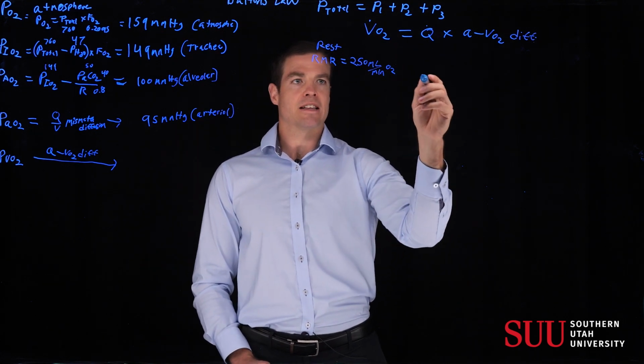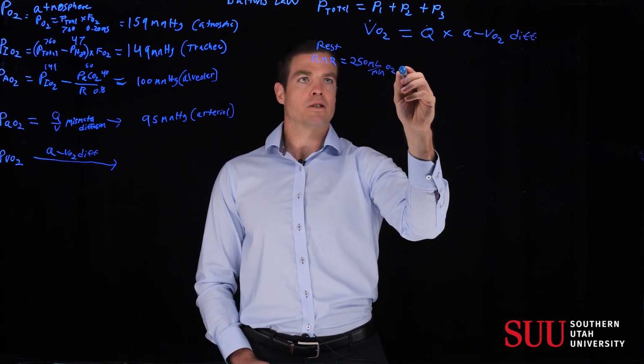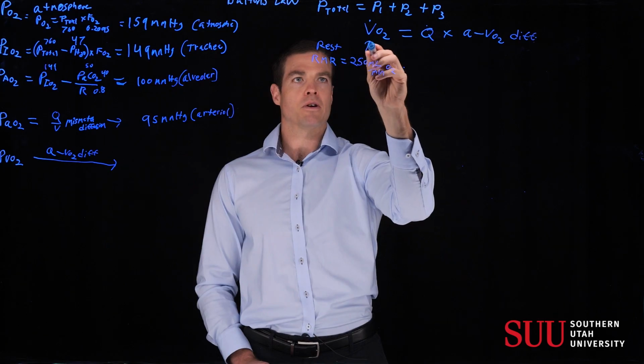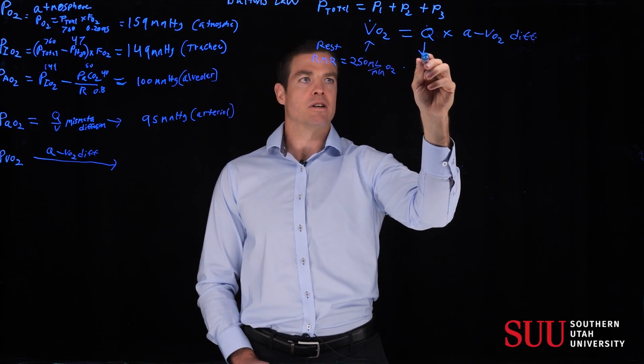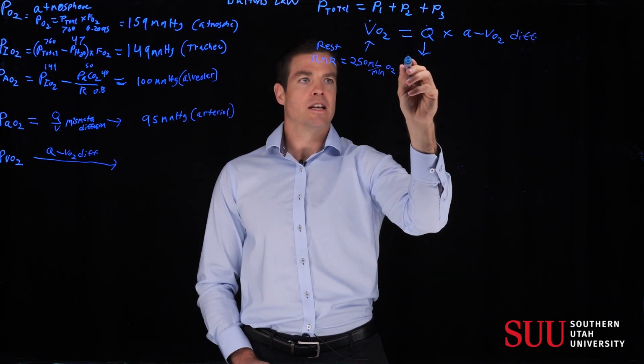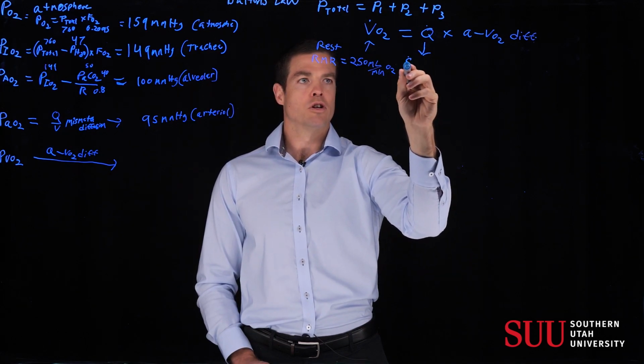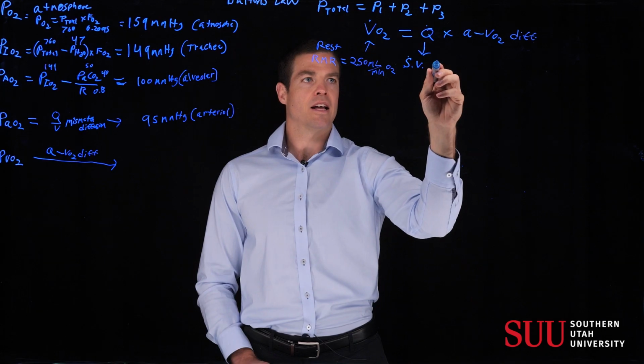And we can calculate this because we also know pretty much what the VO2 is. We can figure out what our Q is also, because the Q, as you know, is a function of your stroke volume and your heart rate.